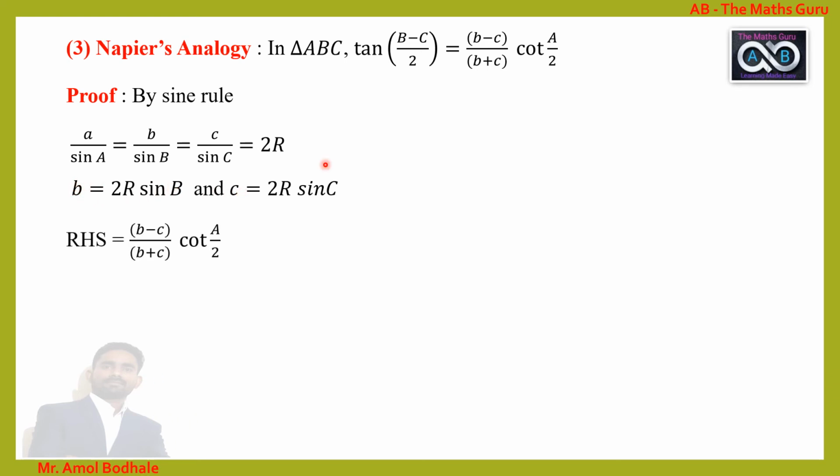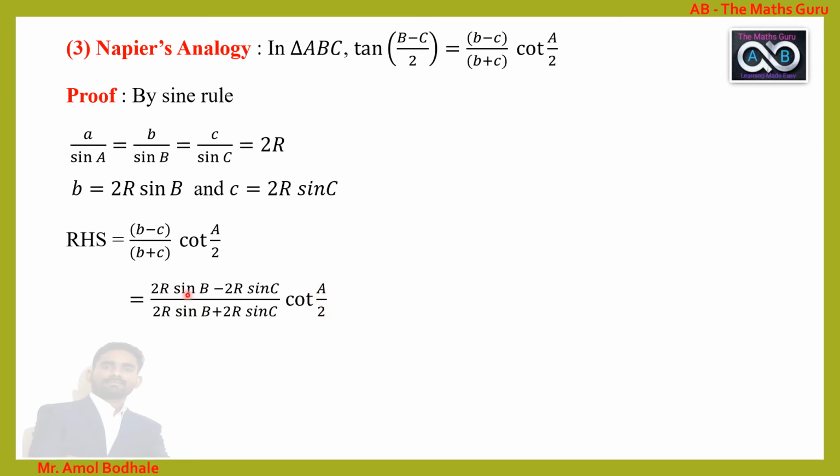So here we will consider the RHS of this statement, that is b minus c upon b plus c into cot of A by 2. Now we will put the value of small b and small c from this sine rule. So b replaced by 2R sine B minus c replaced by 2R sine C upon b, that is 2R sine B plus c, 2R sine C into cot of A by 2.